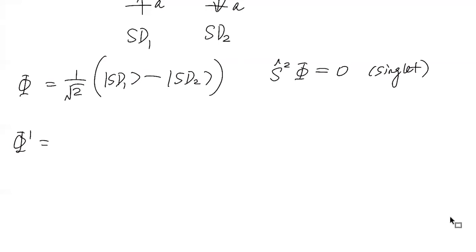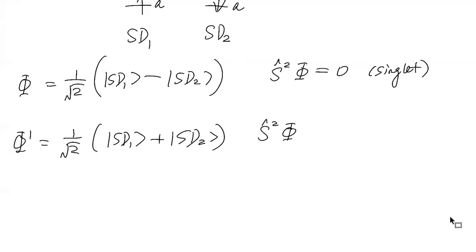If you do 1 over square root 2 times SD1 plus SD2, and then apply S squared on phi, you will get 2 h bar squared phi. I'm using atomic units, so h bar is 1, and 2 h bar squared is 2.